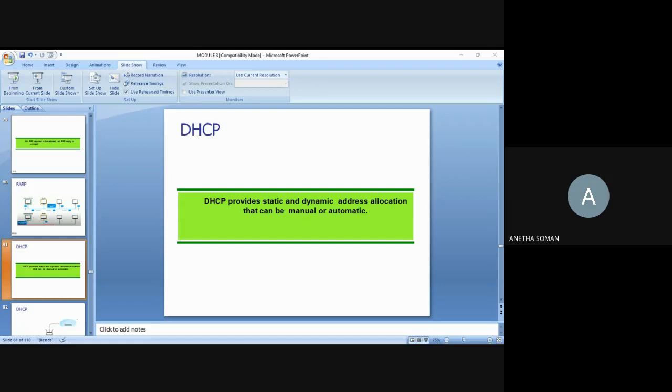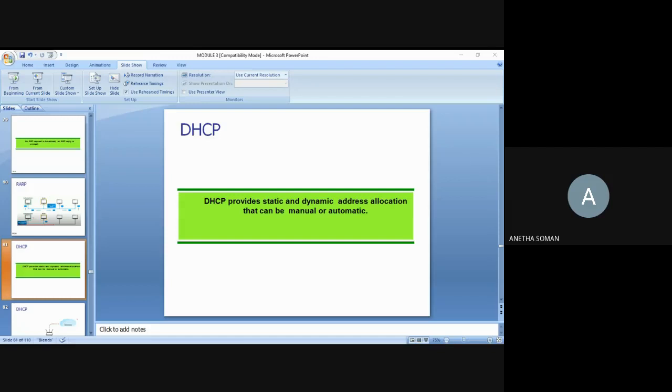But what happens if more hosts are connected? Suppose you have 500 devices connected to a network. Is it practically possible for the network administrator to go to each device and assign the IP address manually? No.